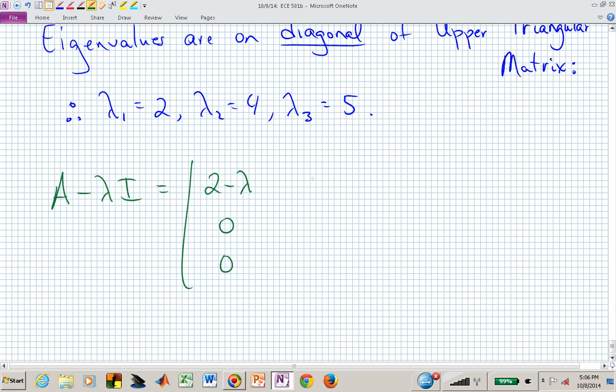We had 3, I believe, in the 1, 2 entry, and then we have 4 minus lambda, 0, and then we had minus 1, 1, and then our last entry in the 3, 3 space was 5, and we subtract lambda from that. That's now our A minus lambda I matrix.